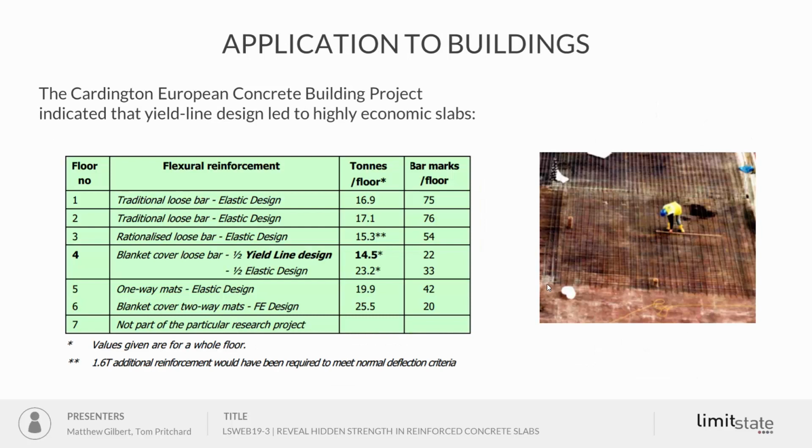If you think about application to buildings, about the same time, Carlington European Building Project, part of their work focused on different design methods for concrete slabs, and it concluded that the yield line method led to highly economical slabs, and also slabs which were pretty simple in terms of the number of bar marks, number of different configurations of bars that needed to be designed.